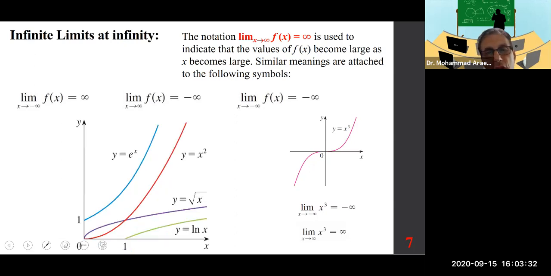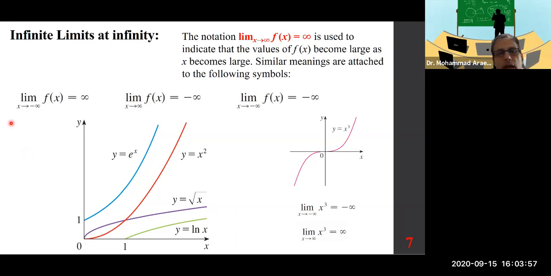These are some functions that you are all familiar with as far as the shape: y equals e to the power of x, y equals x squared, y equals ln x, y equals square root of x. Those are all elementary functions we have seen in previous courses. So this is a portion of it. By the way, e to the power of x, class, continues this way. Y equals x squared, take a look, it comes and goes that way.